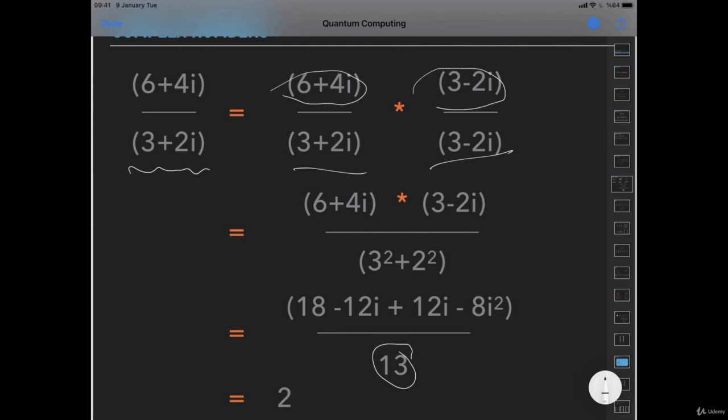I'm going to multiply these two together, and eventually it will come out as 18 minus 12i plus 12i, and then minus 8i squared. And if we do the calculation, it will be 26 divided by 13, and it will be equal to 2.